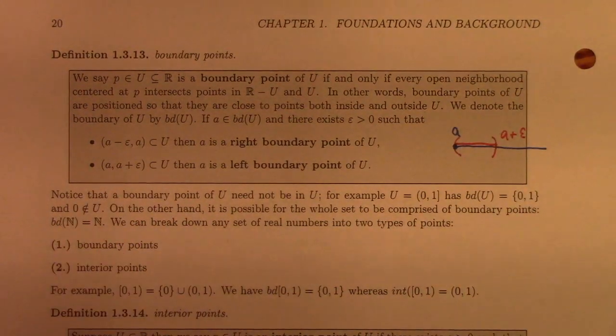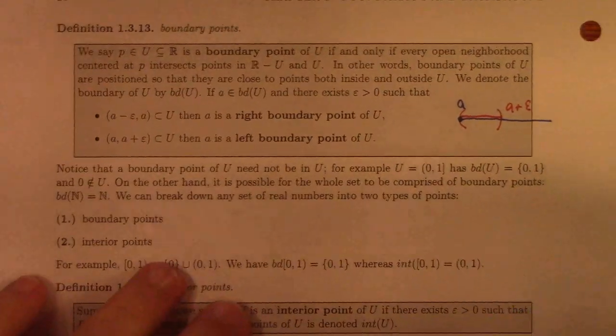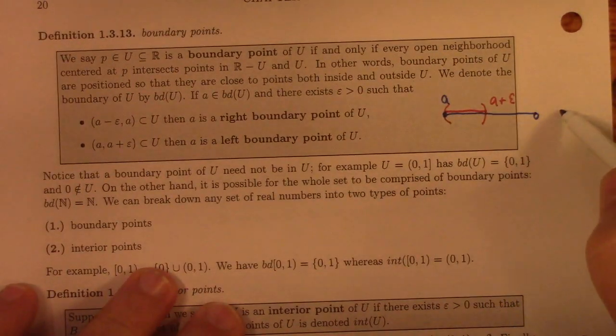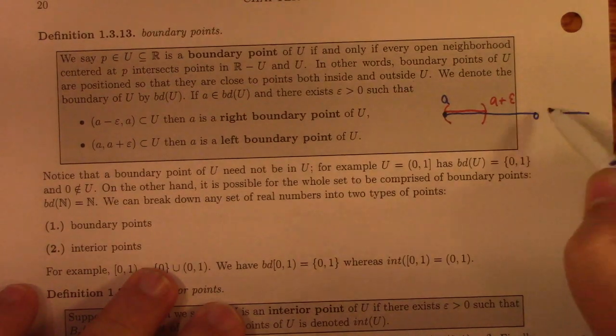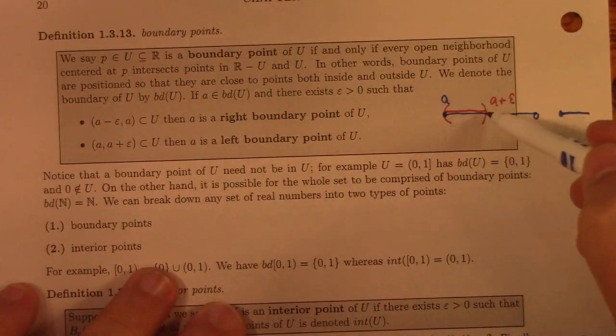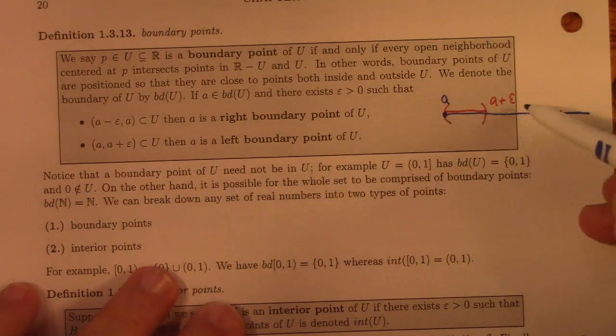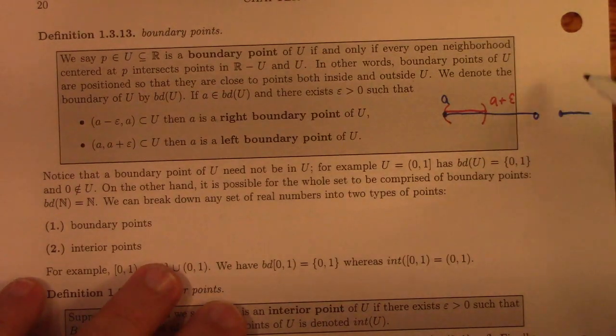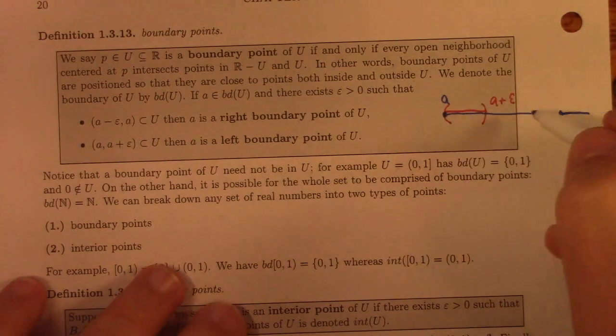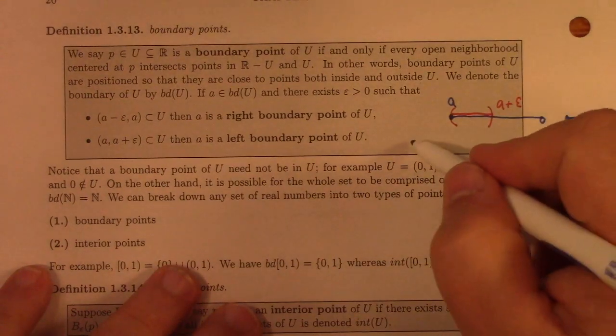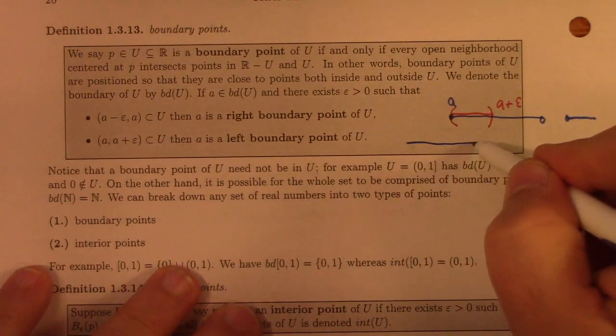On the other hand, the thing is, there could be holes. So we have to make epsilon small enough so that you don't have to worry about them. This is a local idea. If you made epsilon too big, you'd be outside of the set again. On the other hand, a right boundary point would be a picture more like this.